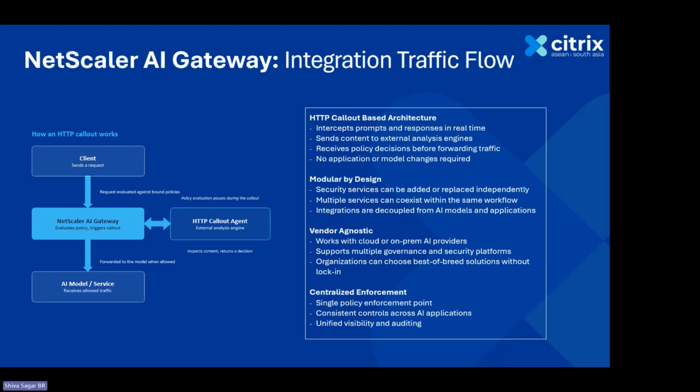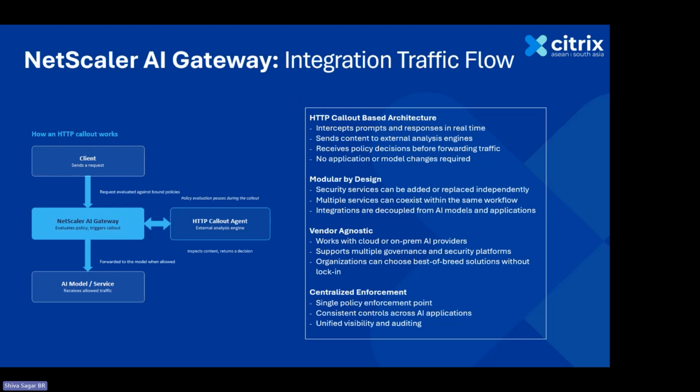So we follow a similar approach for all the three different integrations we have. With this, the customers can integrate with the security and governance platform that best fits their particular need and requirement, right? As day by day the AI usage is growing in all the different enterprises, before they can adopt new services, they need to make sure that they don't make a lot of changes to the existing application, right?